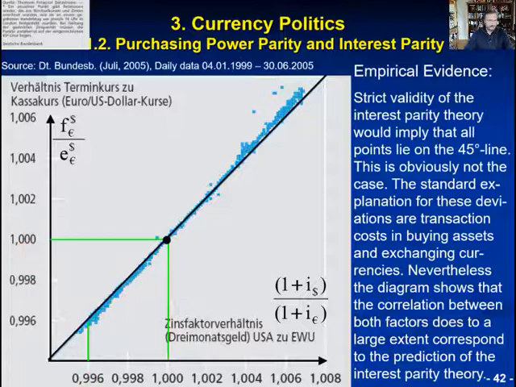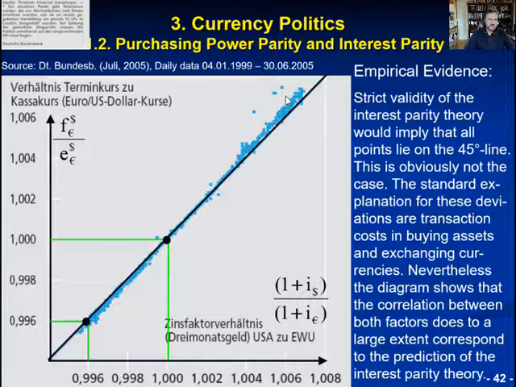Or if we start with an x value of, let's say, 0.996, draw a vertical line to the 45-degree line, then the 45-degree line reflects the same value to the y-axis, 0.996.